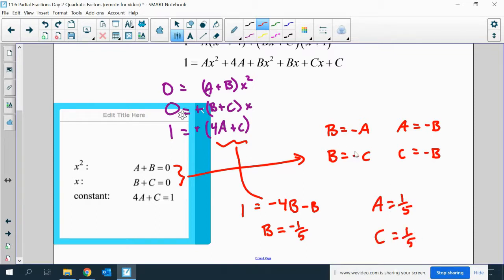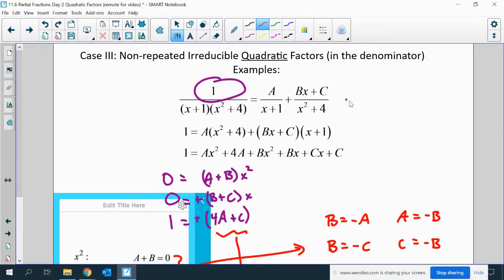So if I write my answer, if a is 1/5, I have 1/5 over x plus 1, plus b was negative 1/5, and c was 1/5, then I have x squared plus 4. So this would be my answer.